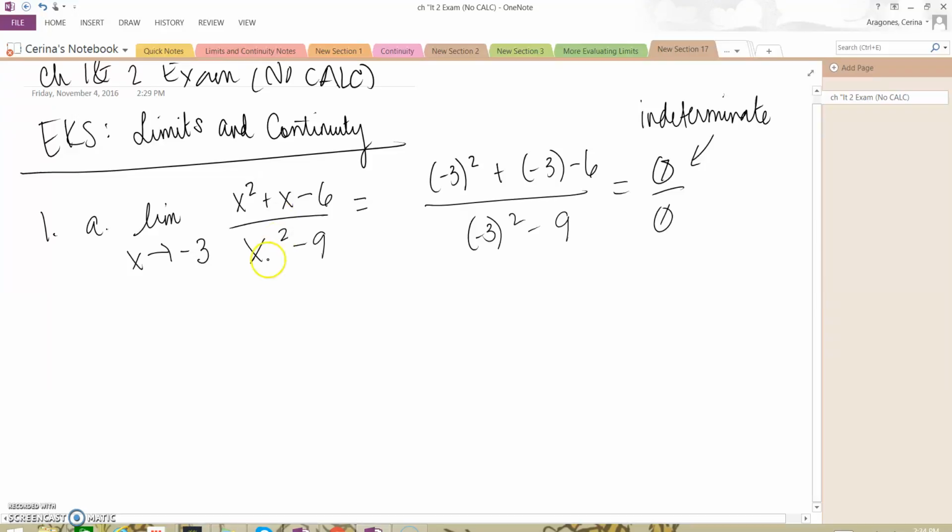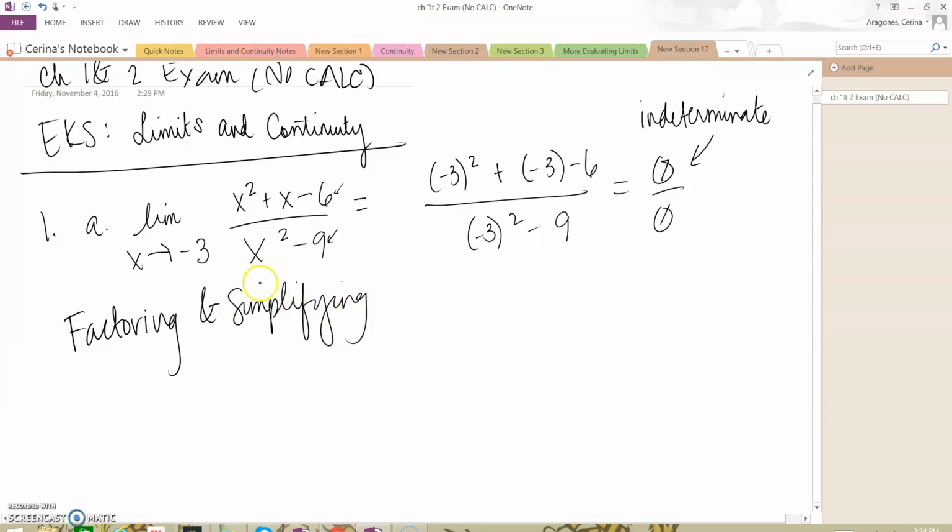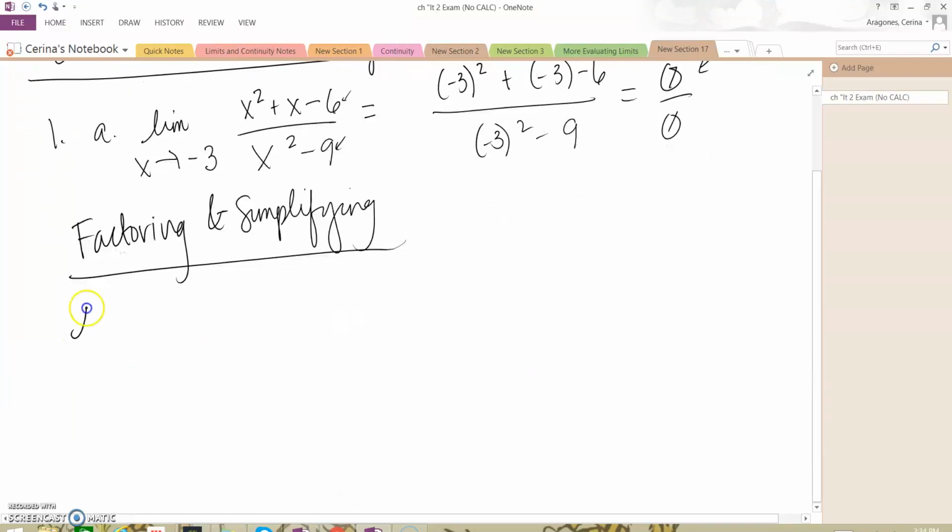One method: it looks like the numerator and denominator share common factors. This is a quadratic that maybe we can factor. You want to use factoring and simplifying to possibly find this limit. So let's go ahead and do that.